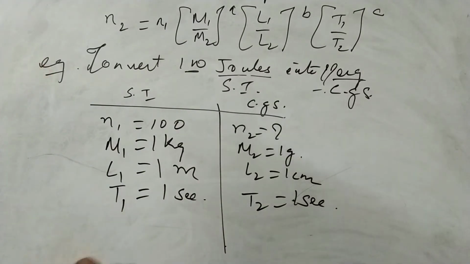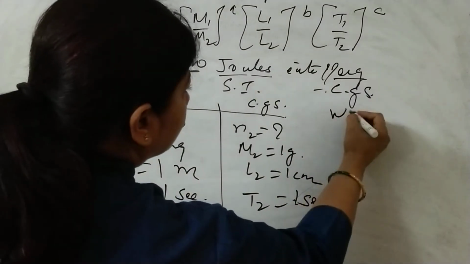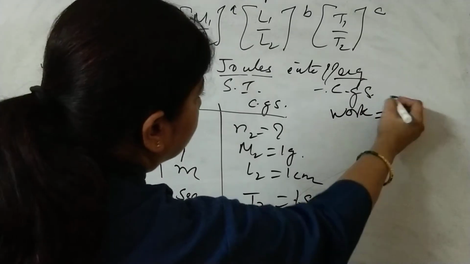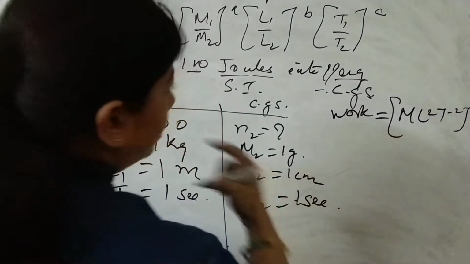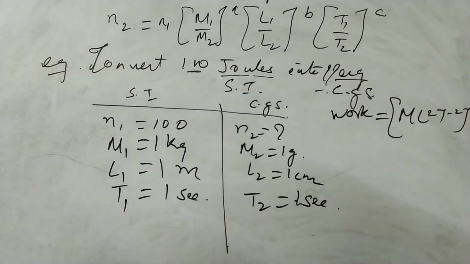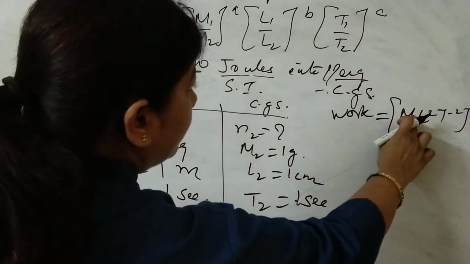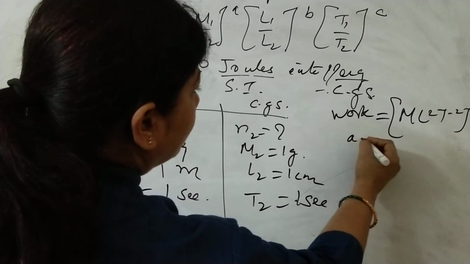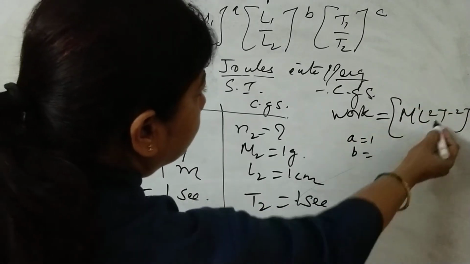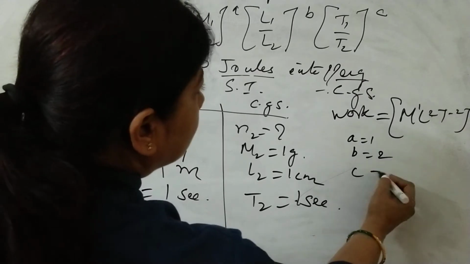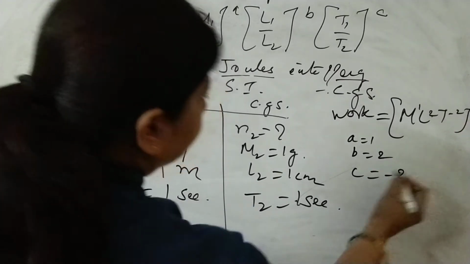Joule is the unit of work, and the dimensional formula for this is ML^2T^-2. So M to the power a means a is equal to 1, b is equal to 2, and c is equal to minus 2.